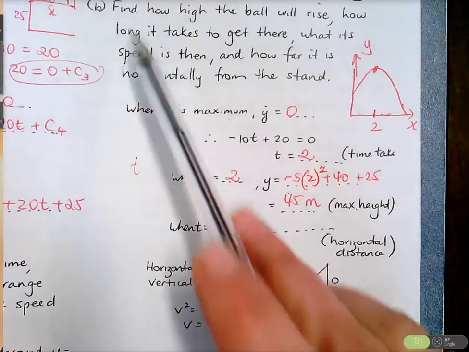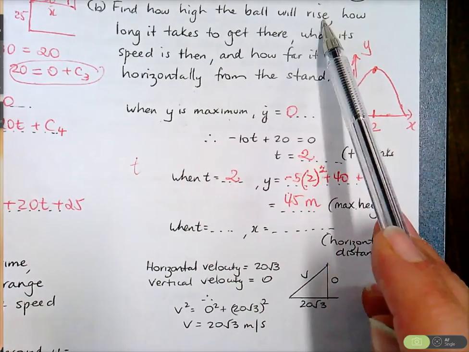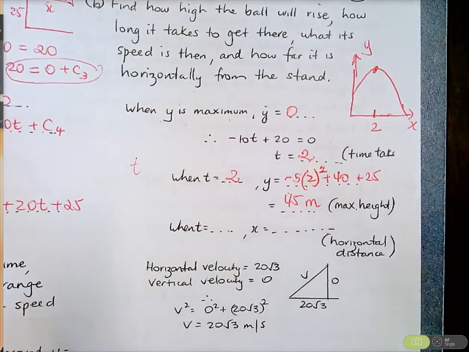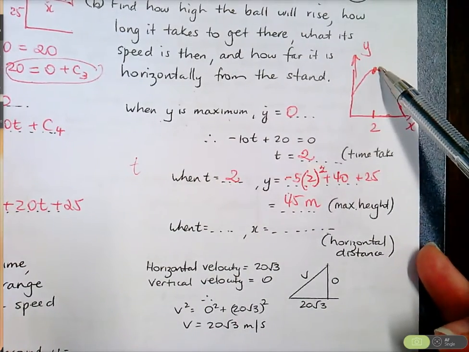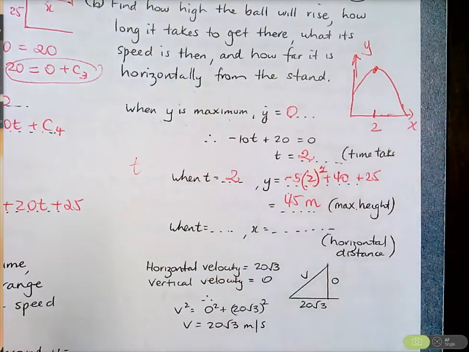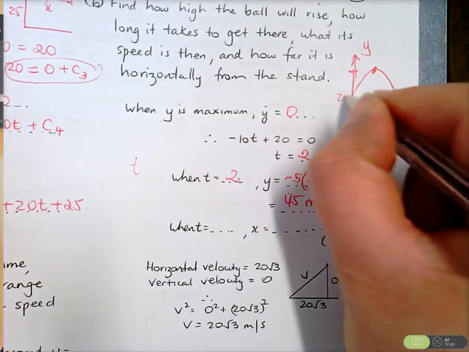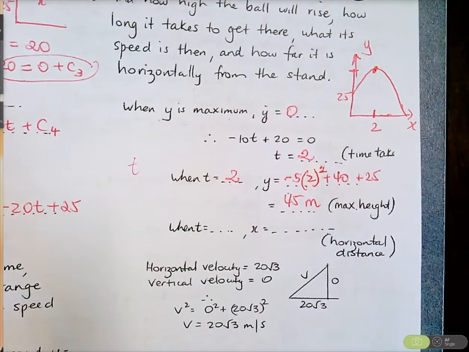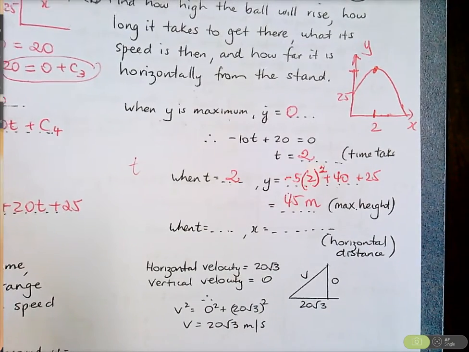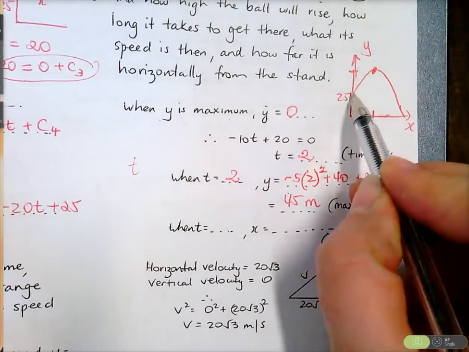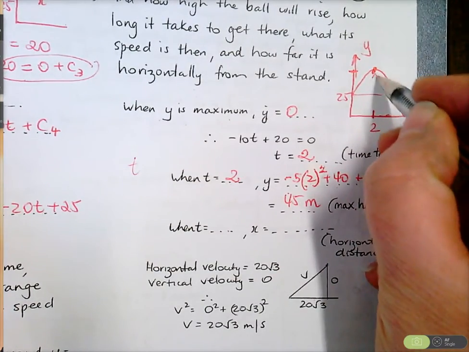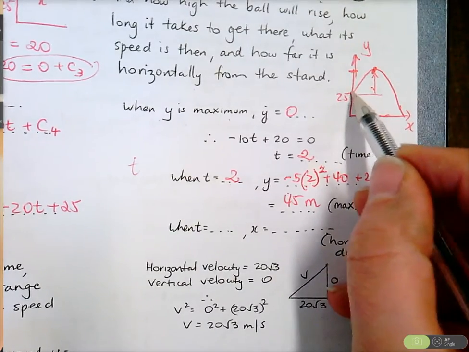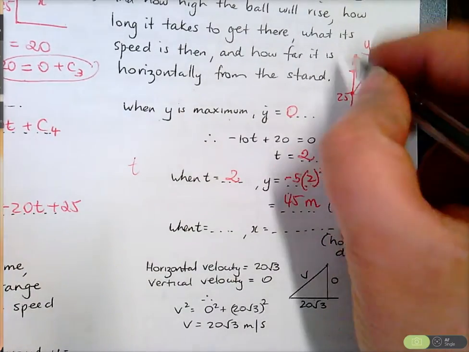Now, it says, find how high the ball will rise. We did that, 45. Actually, no. It only rises 20 metres, because the ball has gone from 25 to 45.